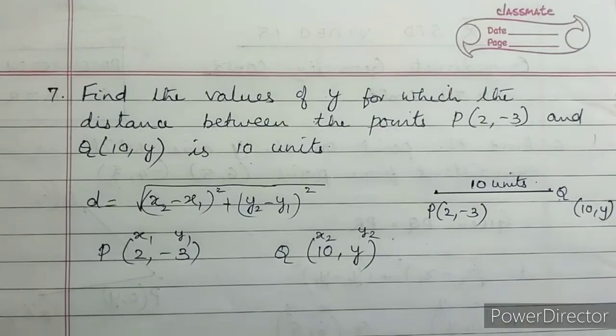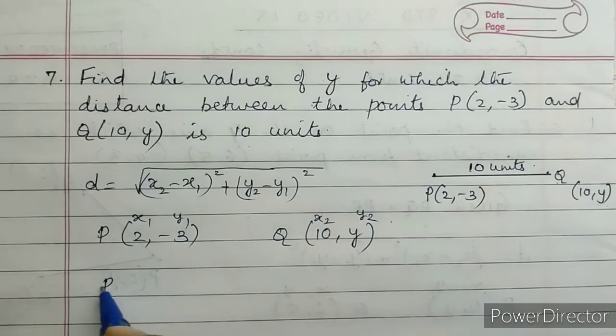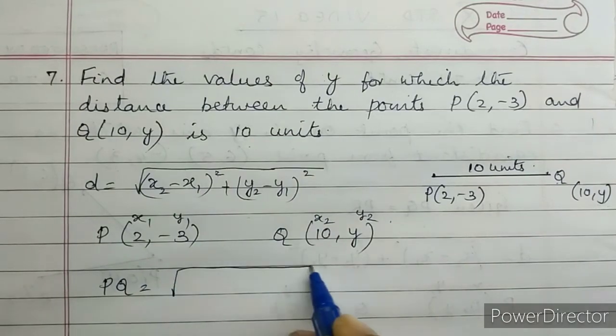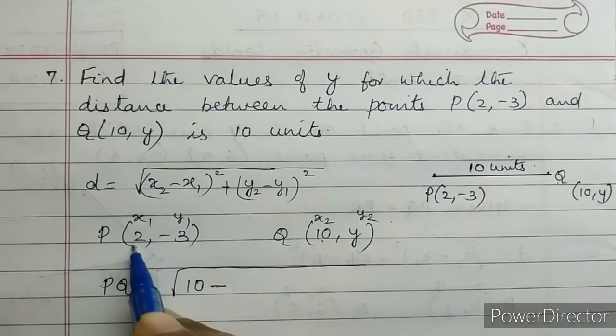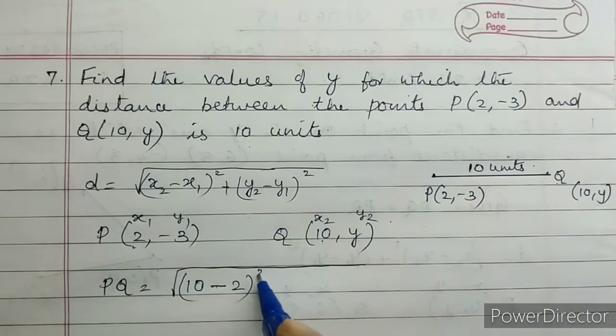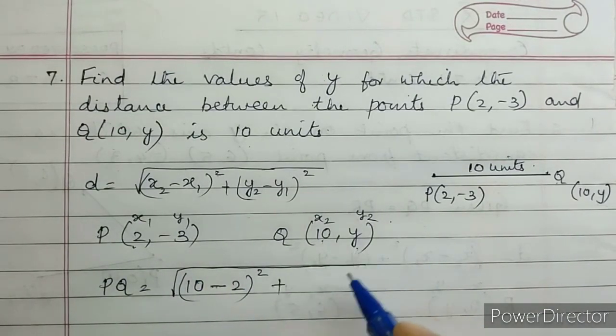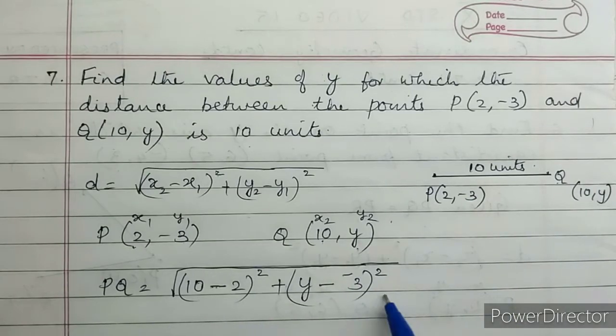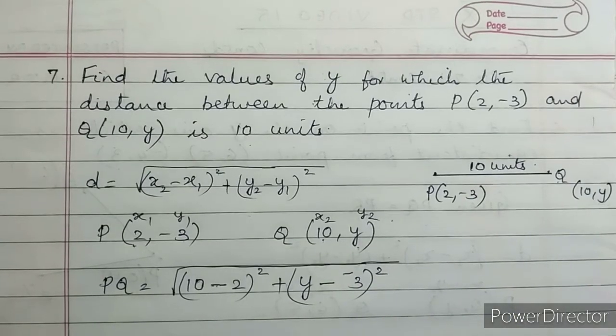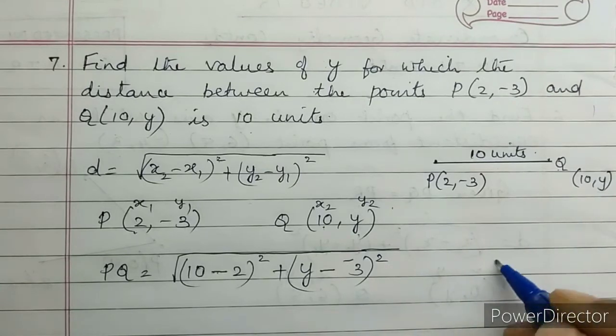Now find PQ. Distance formula you have to use: square root of (x2, that is 10, minus x1, 2) the whole square plus (y2, that is y only, minus negative 3) the whole square. So PQ length is given as 10 units.